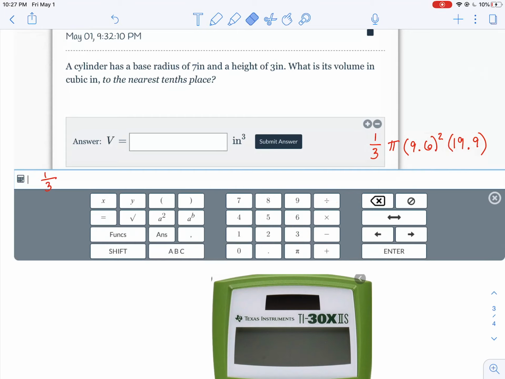However, before moving on, you have to click the right arrow so that you can continue typing the formula. Then you would type in pi, which is right there, and then parentheses 9.6 parentheses x squared, and so on.